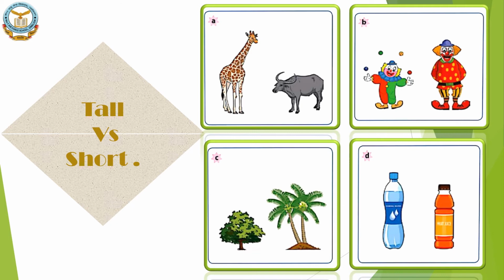The tree on the left hand side is shorter than the other. Finally, let's move to picture D. Again, you have to guess which colored bottle is shorter. Right, the orange one. So, my dear students, we have revised the concept of tall and short.